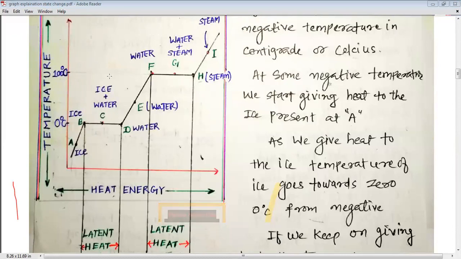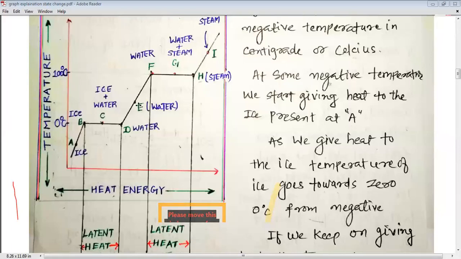As soon as we start giving heat to the 1 kilogram of water present at point D, the temperature of the water increases and we start moving towards point E. If we keep on giving heat energy, the temperature also rises in proportion to the heat energy that we provide to the water. A time comes when we reach point E.